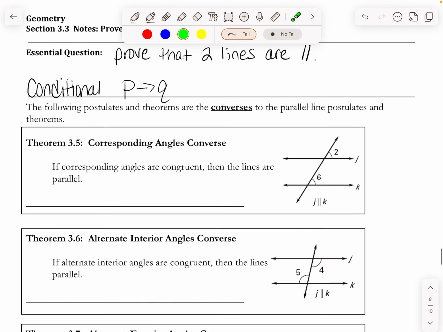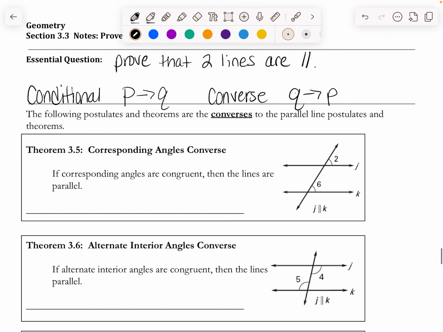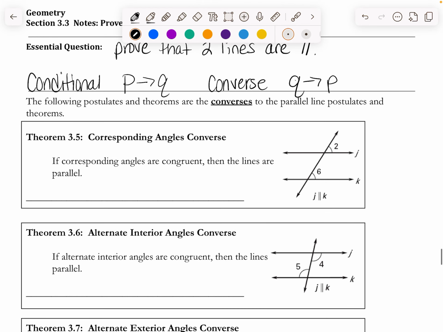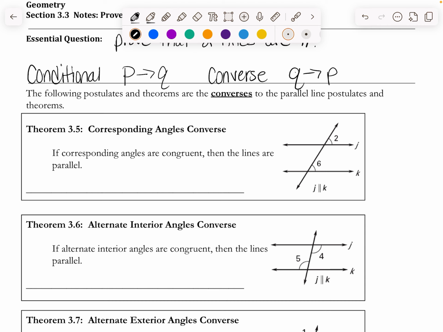And remember back from Unit 2, when we learned about what a converse was, that was if Q, then P. So the corresponding angles converse is the reverse of the first theorem we looked at, which says that if the corresponding angles are congruent, then the lines are parallel. So reversed.